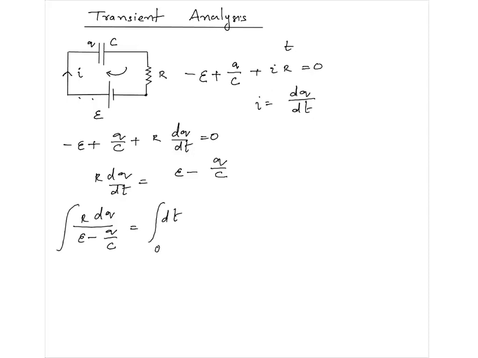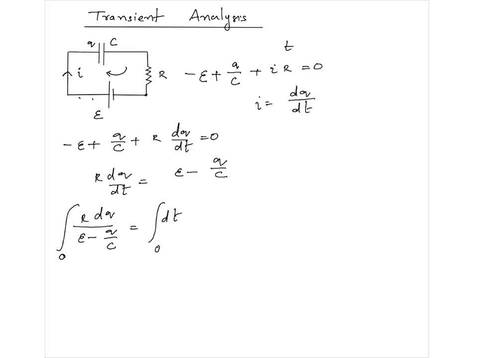At t equal to 0, when we press the switch, Q was 0. Now you may face certain problems where the capacitor is not charged at t equal to 0. So don't use the formula which we are going to get in those cases. You will have to go by the basic approach in those problems, just like we did from the very beginning, looking at the integration limits.